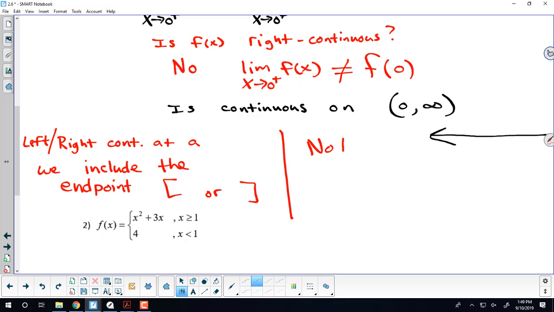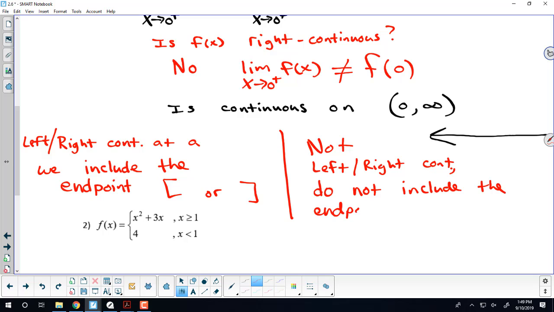If it's not left or right continuous, we do not include the endpoint. So then we have our parentheses.